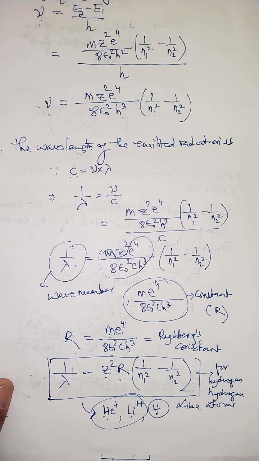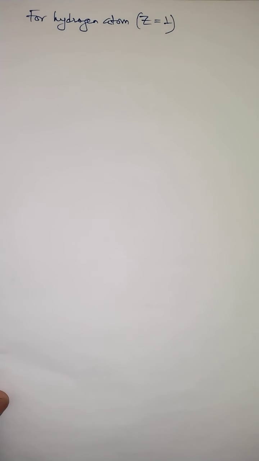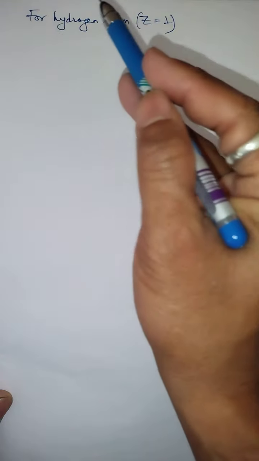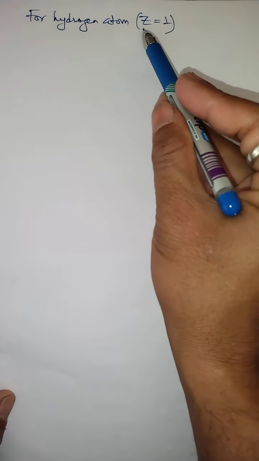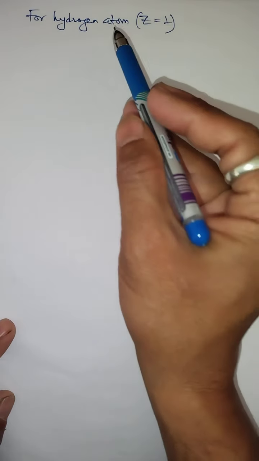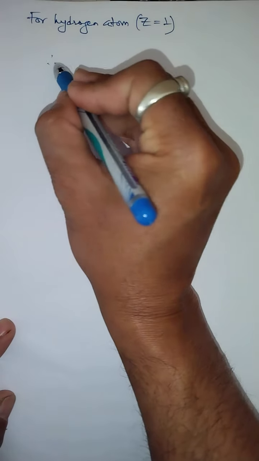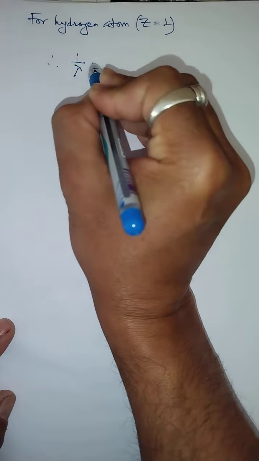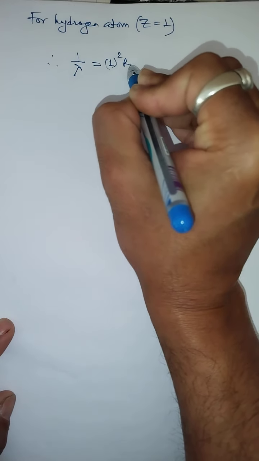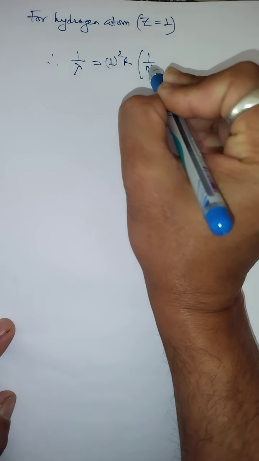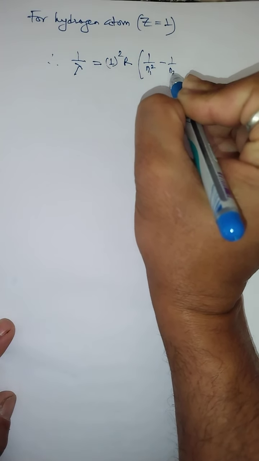Now we basically deal here with the hydrogen atom. And children, if you deal with hydrogen atom only, remember this, what is the atomic number of hydrogen? 1. So if the atomic number of hydrogen is 1, then I write the same formula, that is 1 by lambda equals 1 square into R bracket 1 by n1 square minus 1 by n2 square.